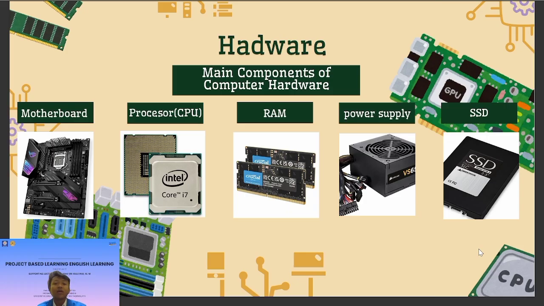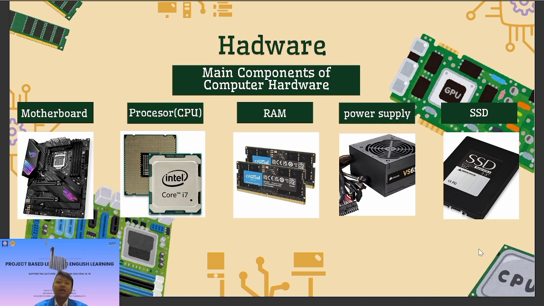Okay, let's move on to the next slide, namely the main components of computer hardware: the motherboard, CPU, RAM, power supply, and SSD. If a computer does not have these components, the computer will not turn on or there will be no display.